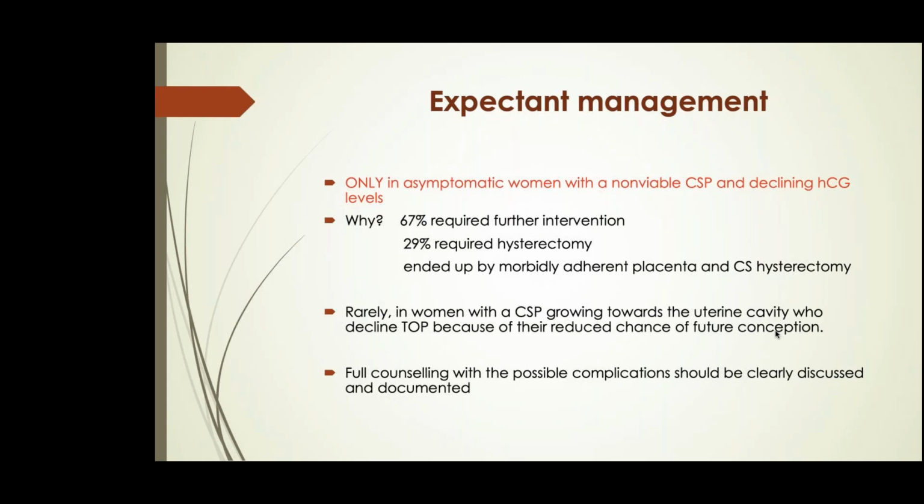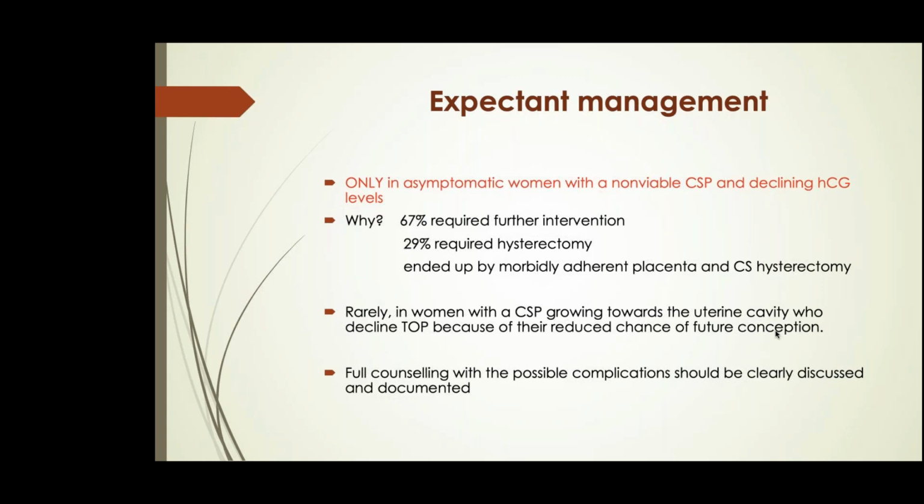Rarely, expectant management is considered in women with cesarean section scar pregnancy growing towards the uterine cavity who decline termination of pregnancy because of the reduced chance of future conception. So this is a very rare example. This is a 42-year-old who has one child and has been trying for a long time for pregnancy, and she is pregnant, and the pregnancy is in the scar.